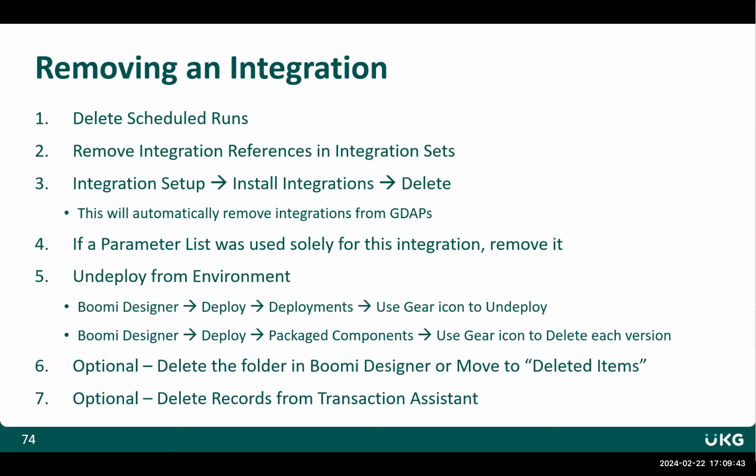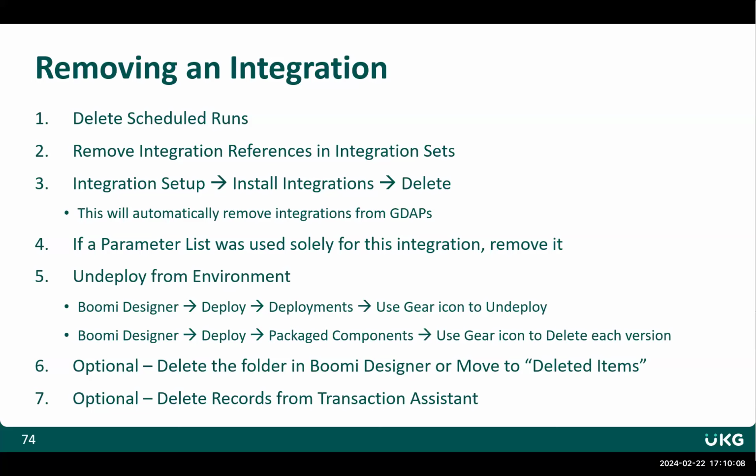Go to the deployments page, use the little gear icon for that deployed process on that tenant and undeploy it. And that will also back out any environment settings out of that environment as well. But you'll still have all the packages that you were building along the way. Version 1, version 2, version 3, version 4, version 17.